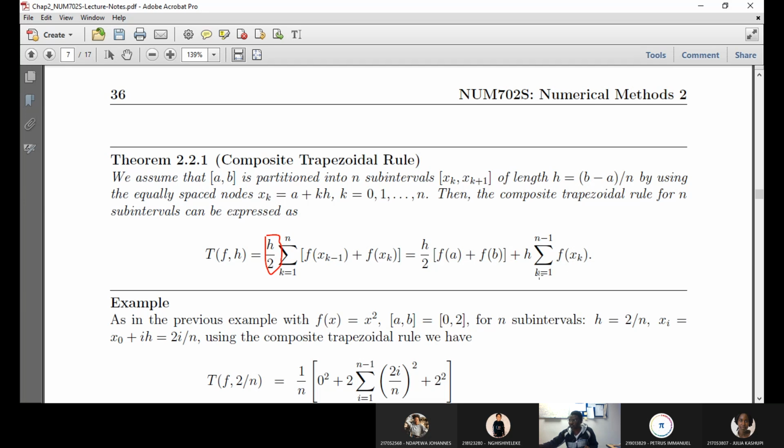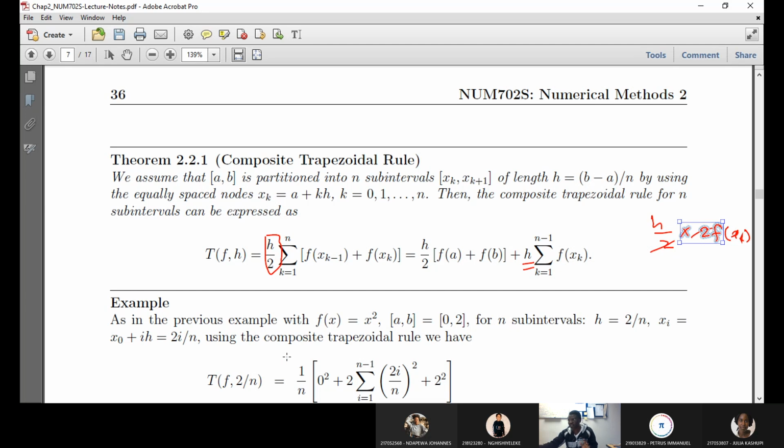For k equal to 1 to n minus 1, h by 2 will be multiplied by 2 because it will be twice f of x sub k. So the 2 and this other 2 cancel out, and you only have h here.